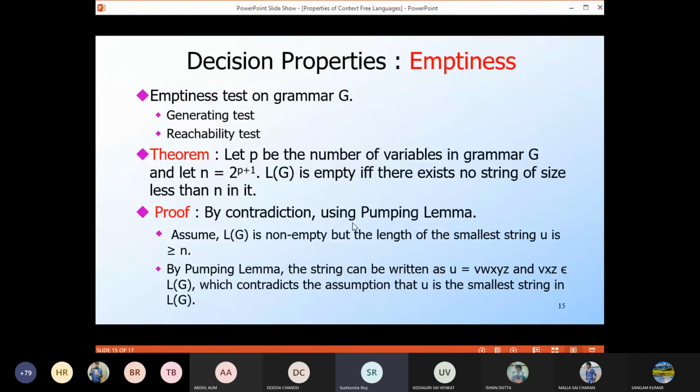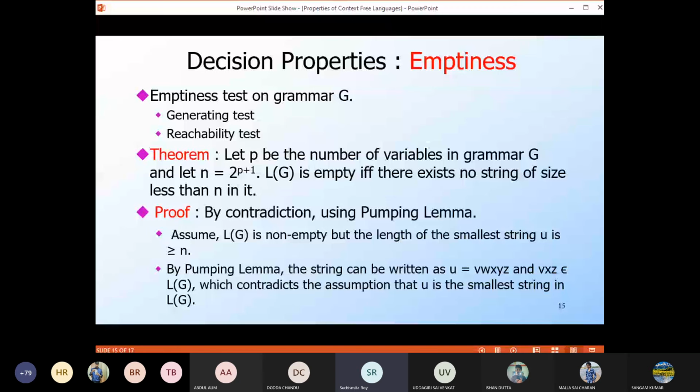It is an algorithm for checking emptiness. You can always use a combinatorial algorithm to keep on producing strings. You remember we were enumerating strings of a language: start with the smallest string of size 1, then find all the strings of size 2, then all the strings of size 3. We were doing this exercise in one of the older classes.